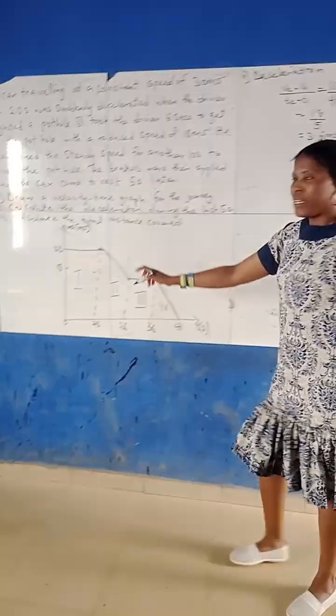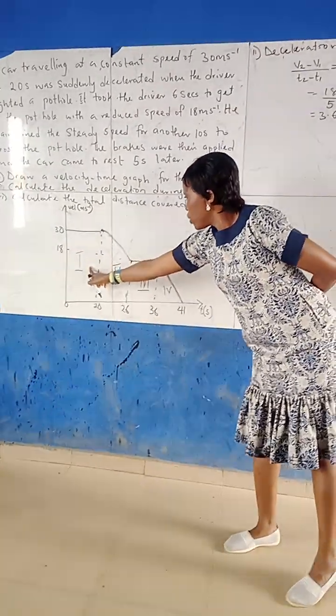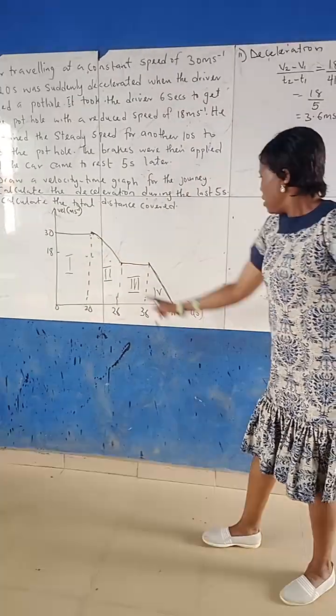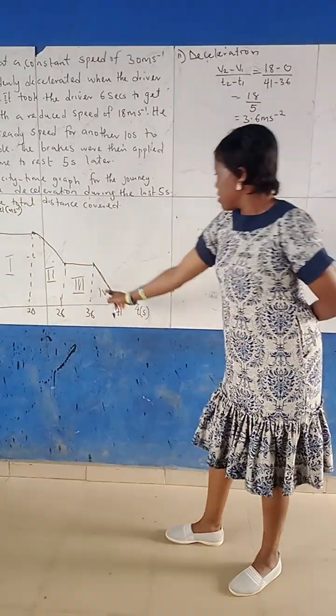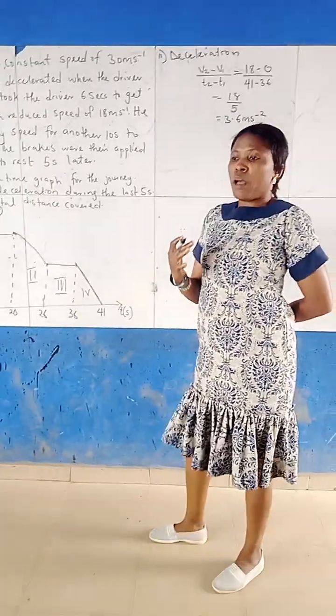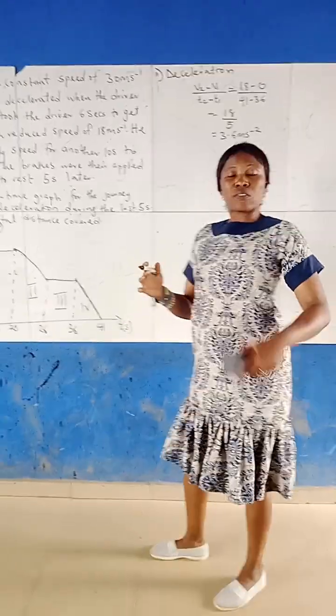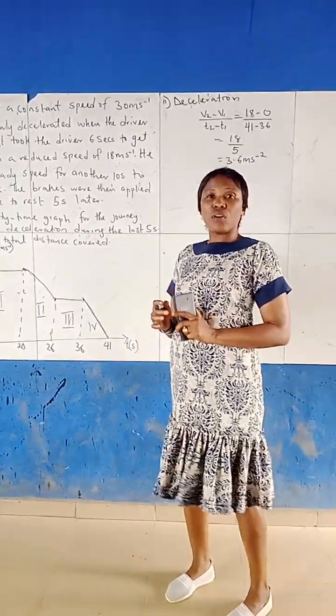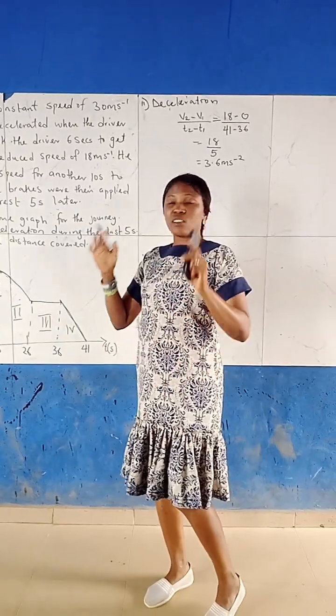I'm going to calculate the area of this rectangle, the area of this trapezium, this other rectangle, and this triangle, one by one. After you have calculated the different areas, you are going to add them together, and that will give us our total distance covered.